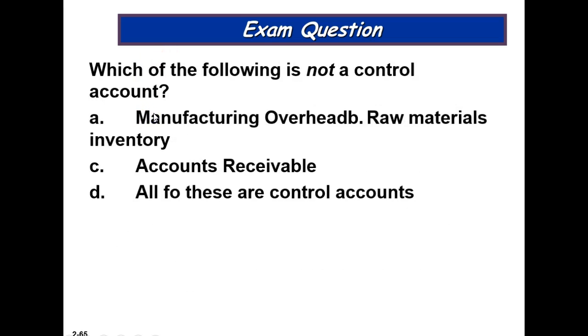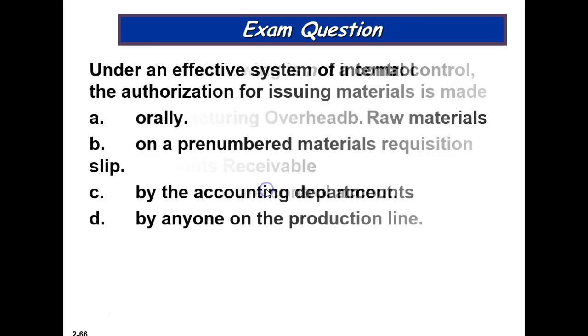A. Which of the following is not a control account? Oh, sorry, all of these are control accounts. Manufacturing overhead, raw materials inventory, accounts receivable, they're all, that's B, raw materials inventory. They're all control accounts, okay?